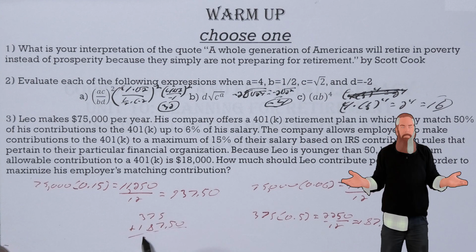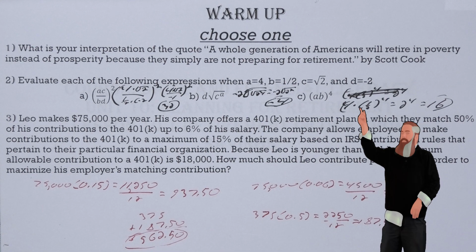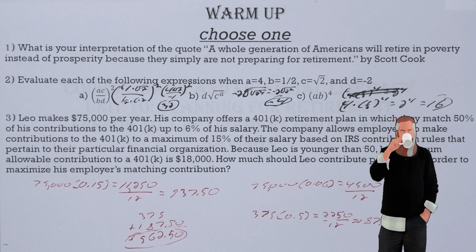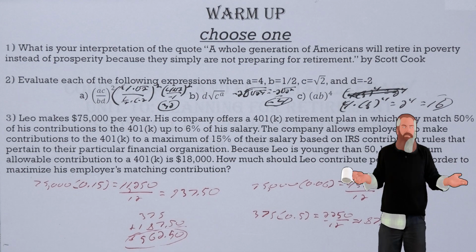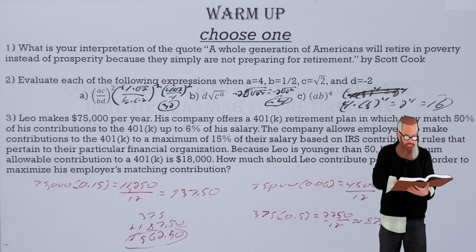So Leo's $375 and the employer's $187.50 means there will be a $562.50 contribution to Leo's retirement every single month, bringing his annual total to $6,750. If you couldn't do this problem just yet, don't worry, you will be able to do it by the end of this lesson.